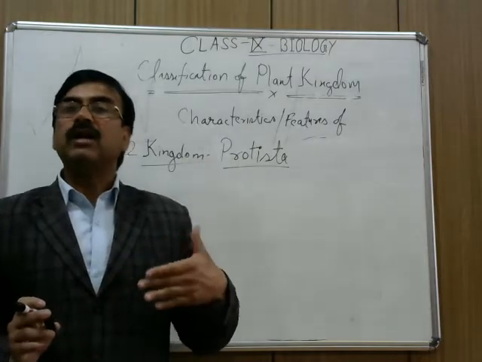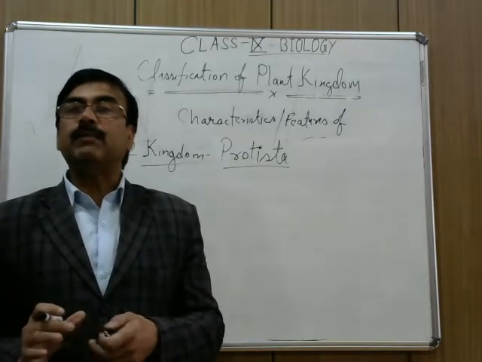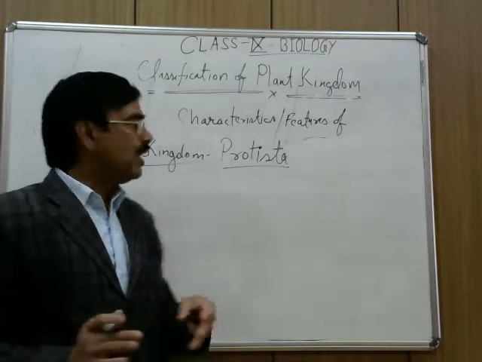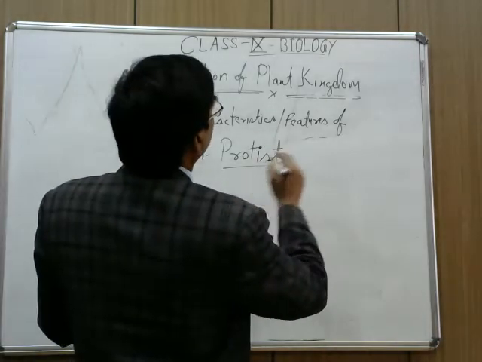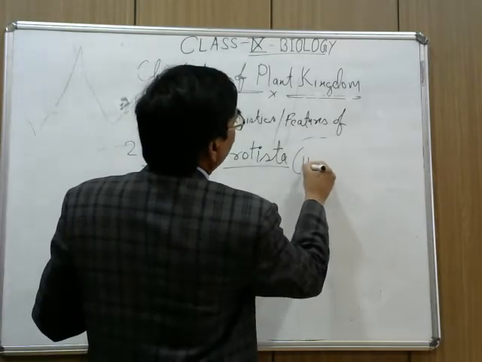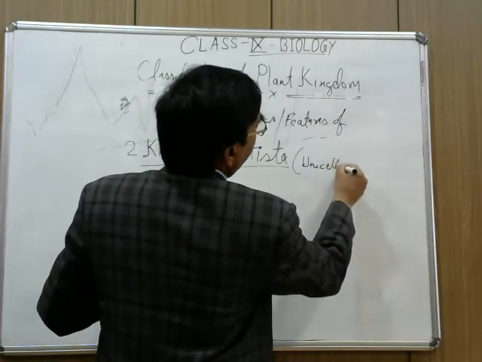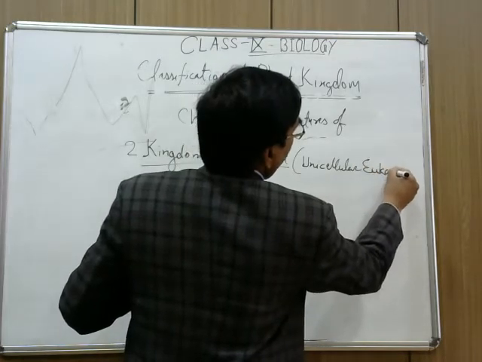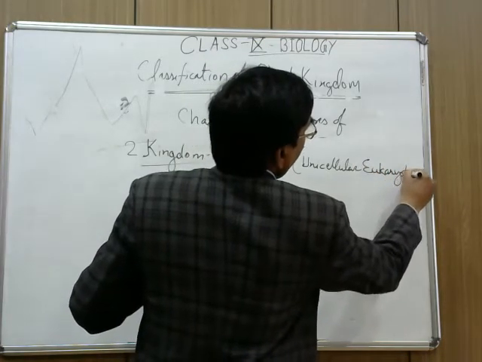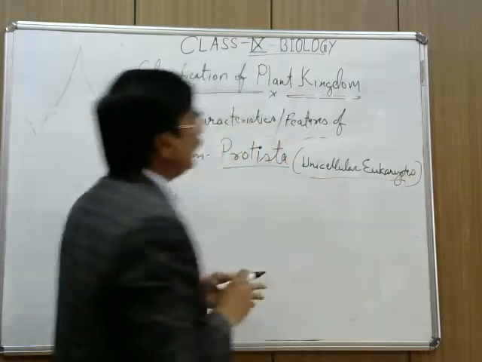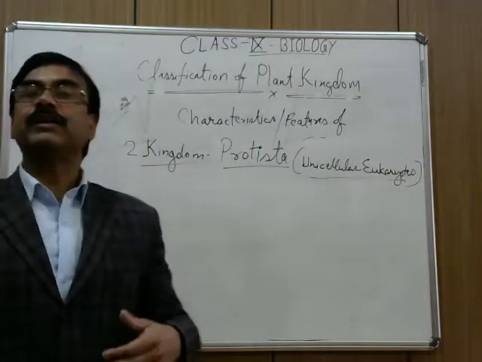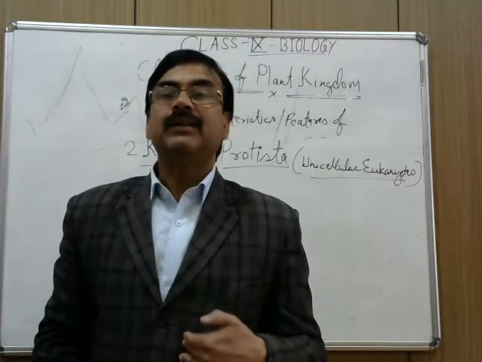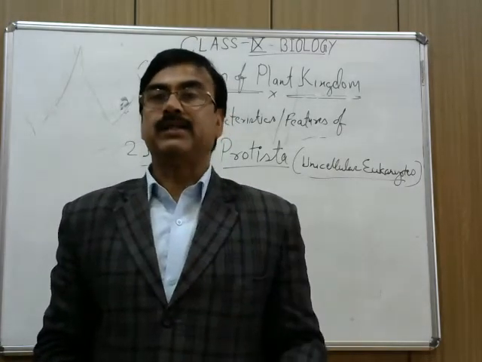They are not kept in the prokaryotic, they are eukaryotic. So I will write, what I have written, they are unicellular eukaryotes. It means they are a little bit advanced than monerans, right?